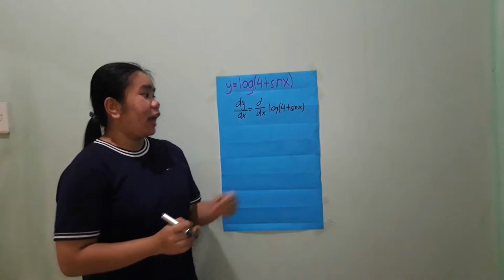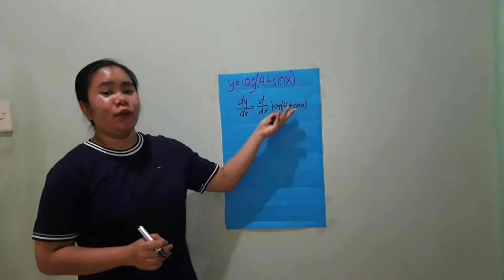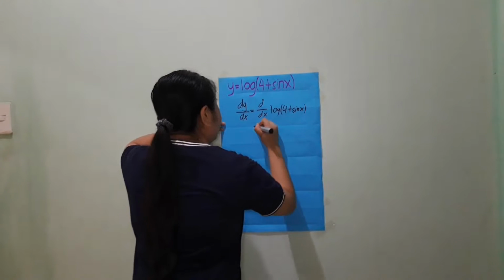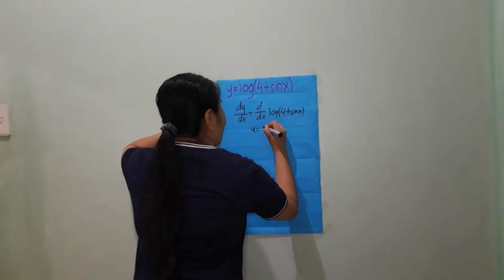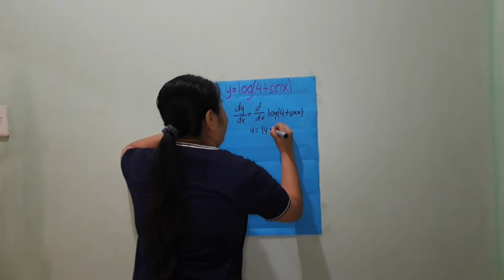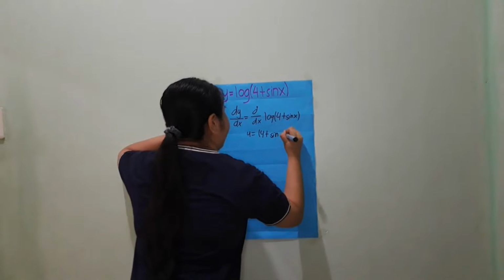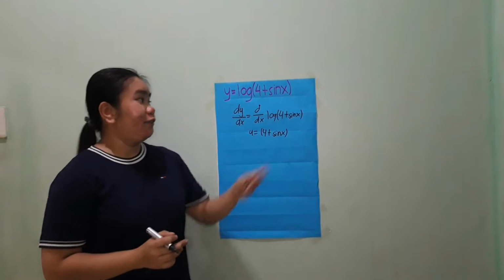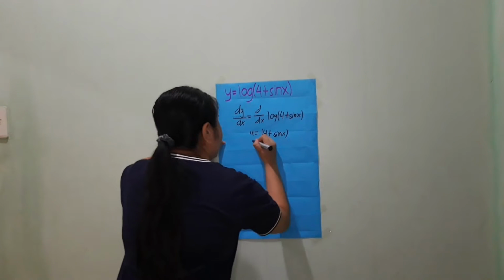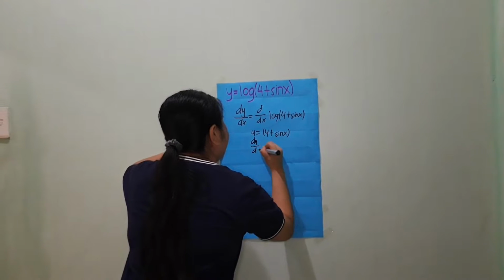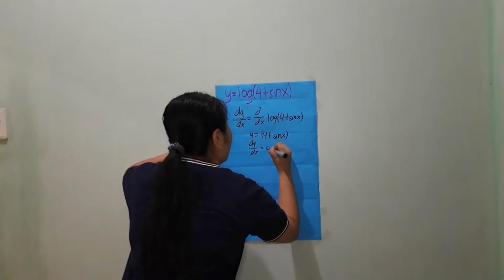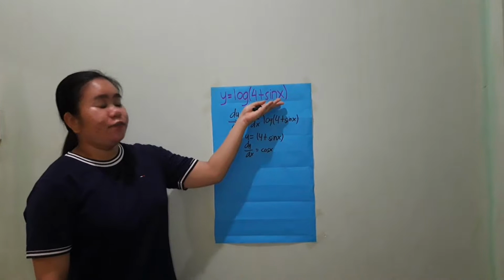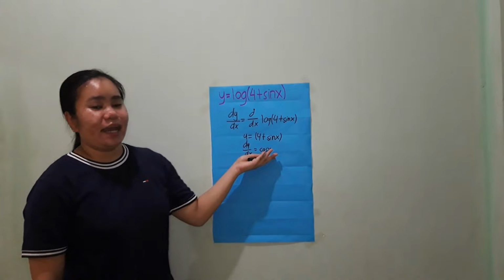So, after that, ating kukunin ang value ng u, which is the 4 plus sine x. U is equal to 4 plus sine x. And after man nito, ating kukunin ang derivative ng u, which is du all over dx is equal to cos x, since ang derivative of sine x is equal to cos x.